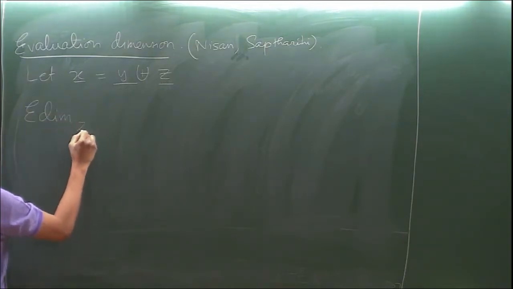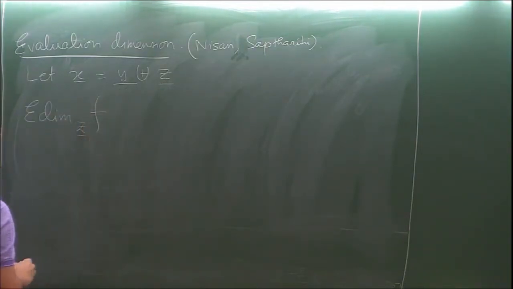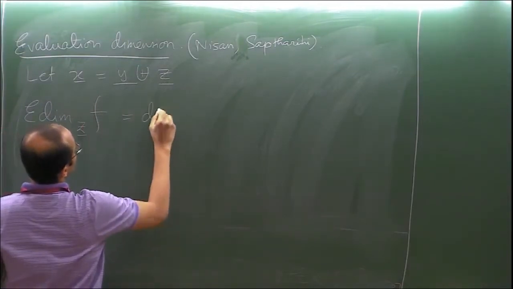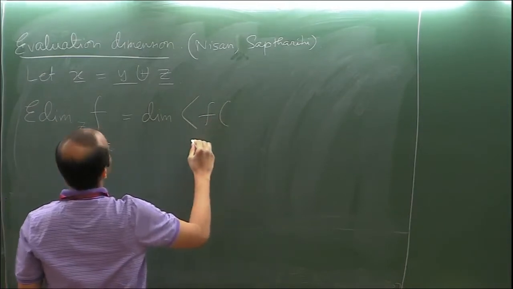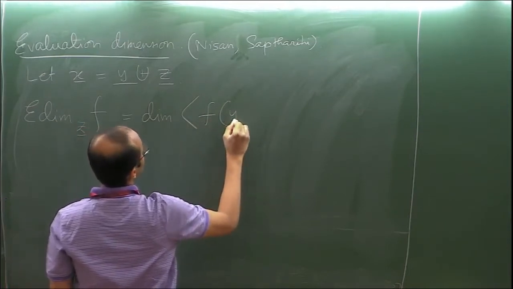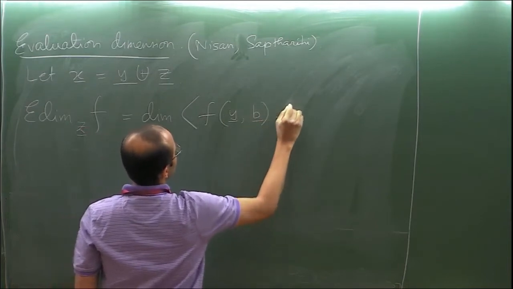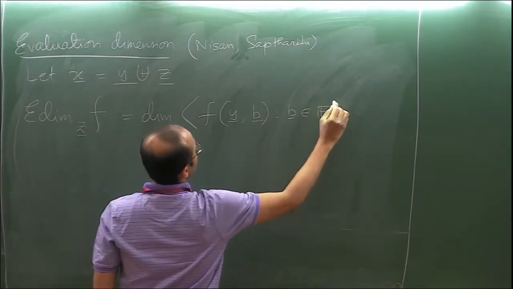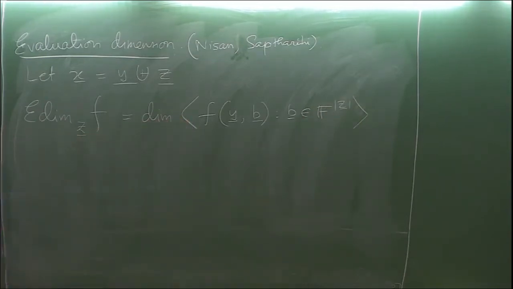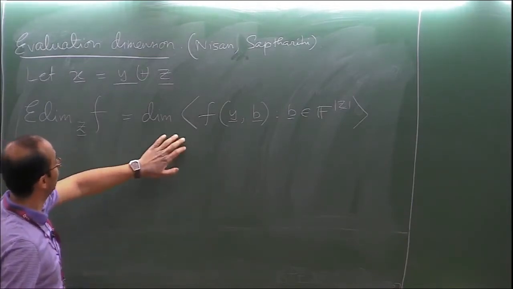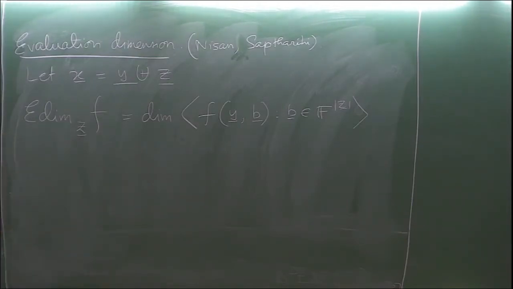Then the evaluation dimension with respect to the z variables of f is the dimension of the space spanned by, you think of evaluating the z variables at various points of the underlying field, and look at the linear space of f, spanned by those polynomials, that has a finite dimension. That dimension is the evaluation dimension of z.